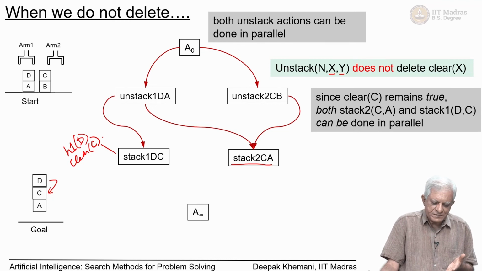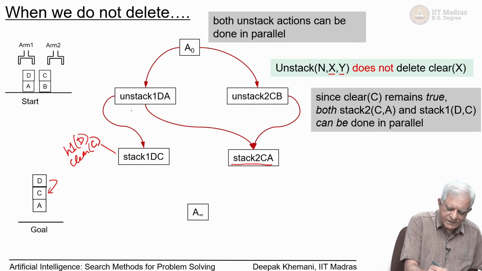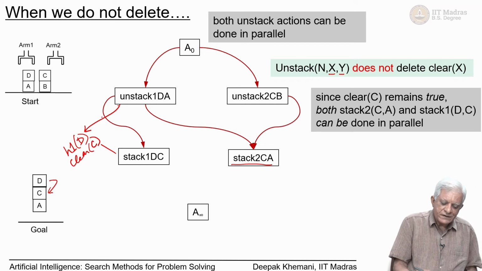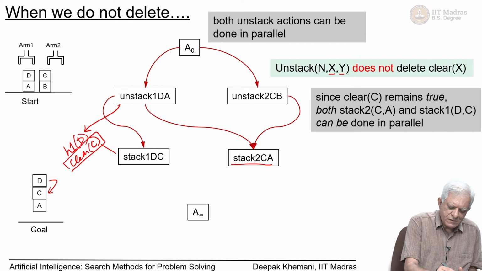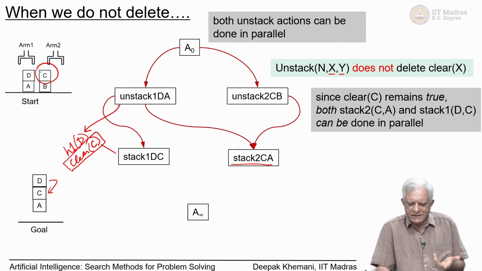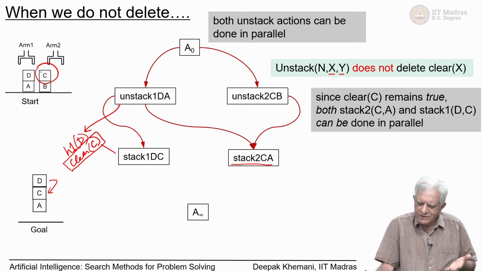Now, you can see that when it had unstacked D, this condition was satisfied. This was an effect of that, and clear C was true in the beginning and it has not been deleted. That is our way of representing this.